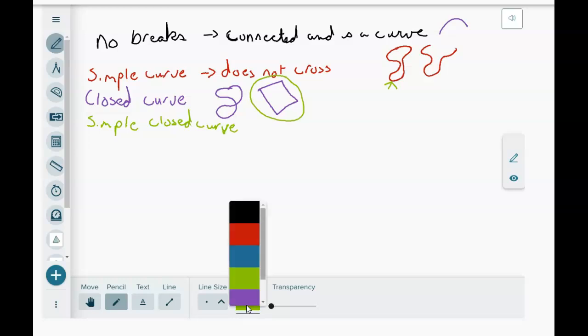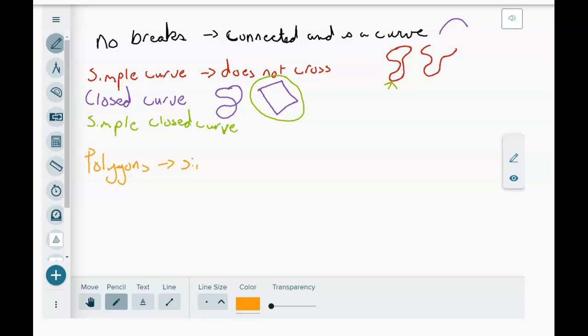Now, what we are more familiar with are polygons. Now, polygons are very specific. Polygons are simple and closed. So they must be simple and closed. And their sides are made only of line segments.